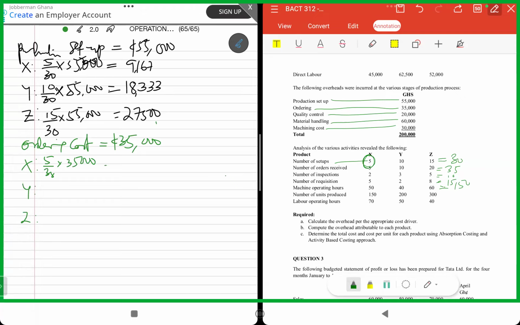Amy, the next one, what do we do? 10 over 35 times 35,000. Pearl, what do we do next? 20 over 35 times 35,000. So we'll do that and give the values.